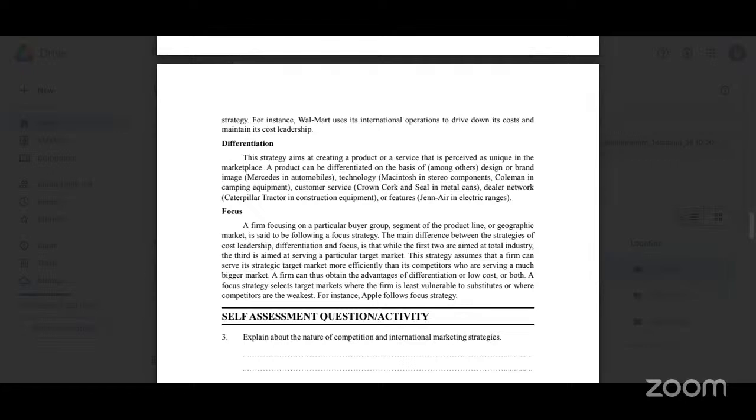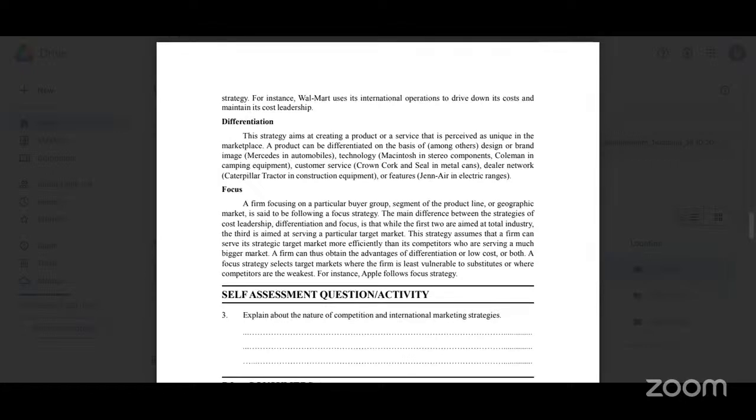Or technology, for example, Macintosh in stereo components, or Coleman in camping equipment, or customer service, Crown Cork and Seal in metal cans, or dealer network, for example, Caterpillar tractor in construction, or features, Gen Air in electric ranges, etc.